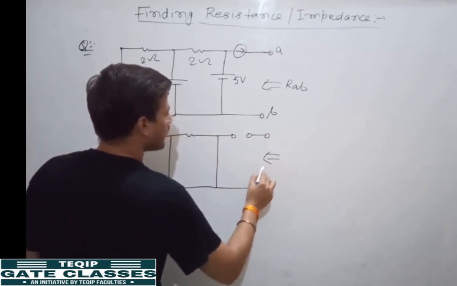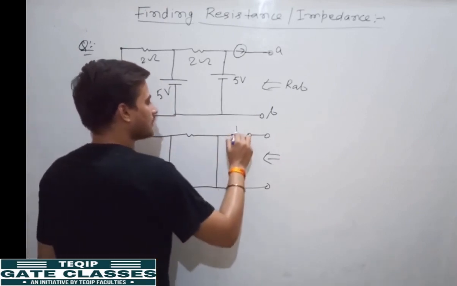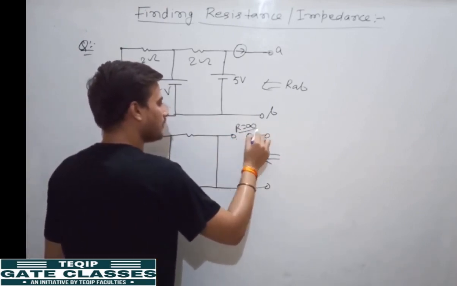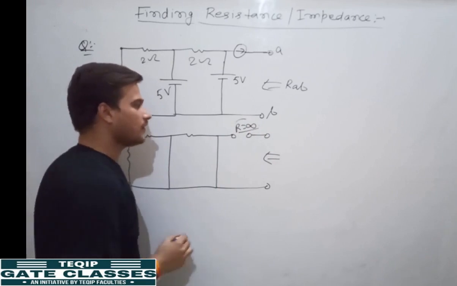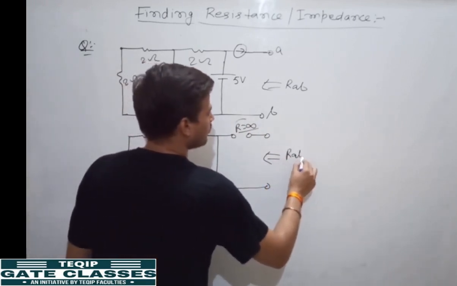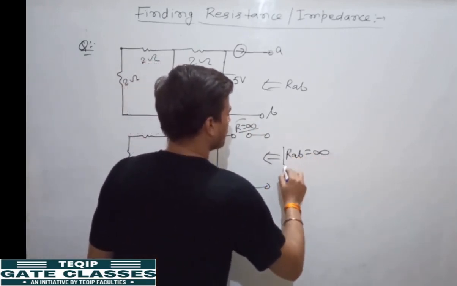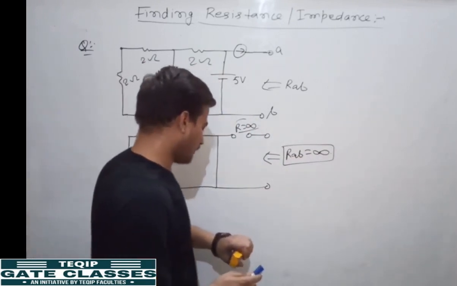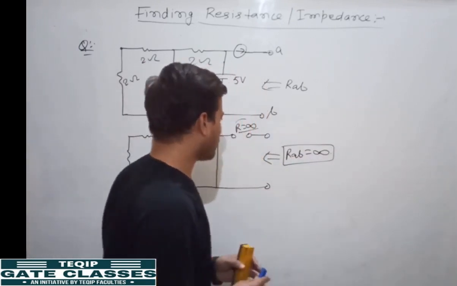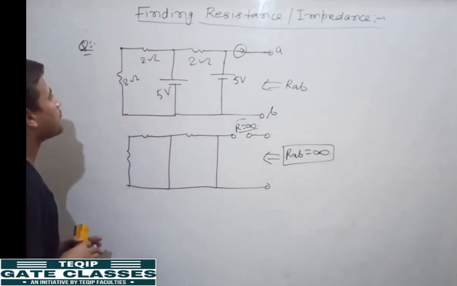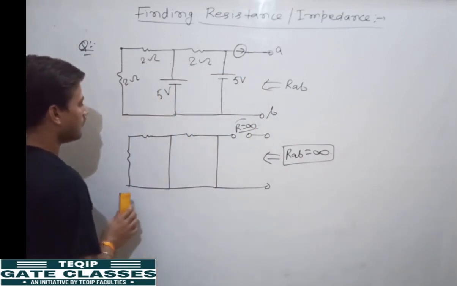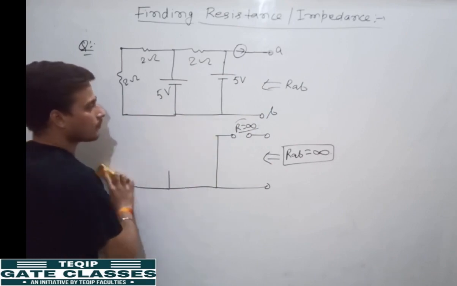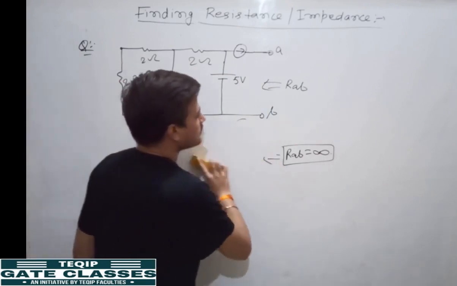Once you have deactivated it, the resistance here is infinity. So R_AB will become equal to infinity. Clear? I hope it is clear now.